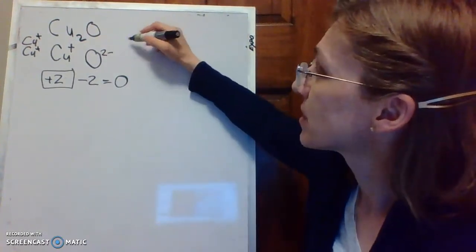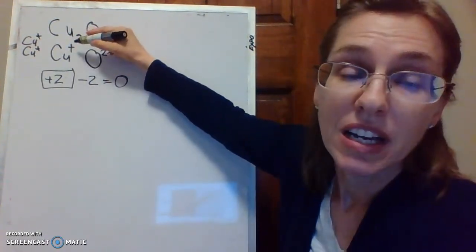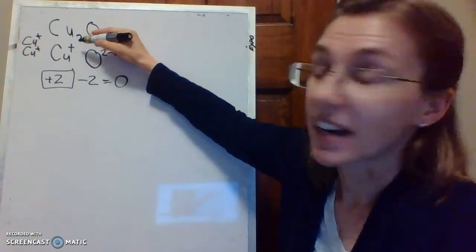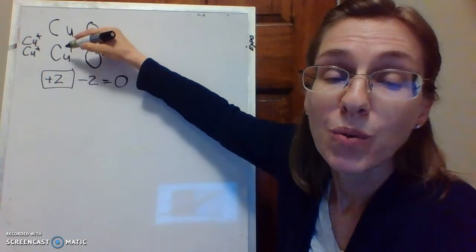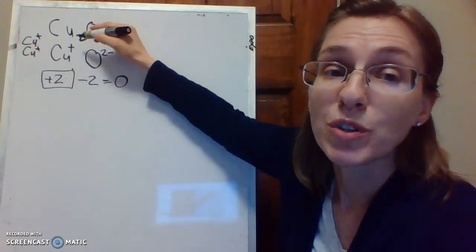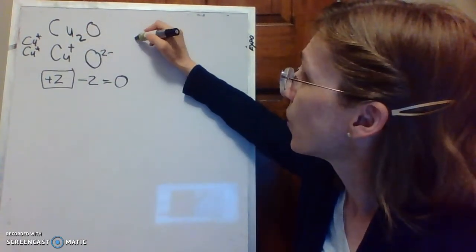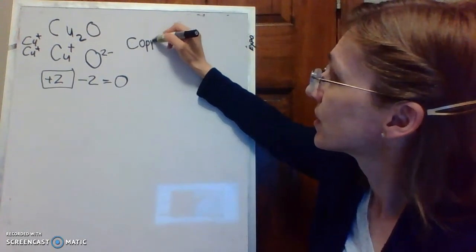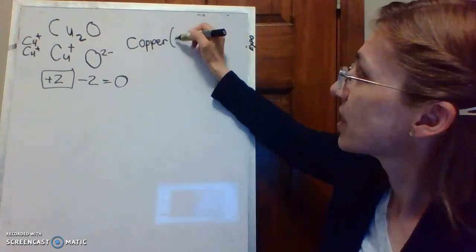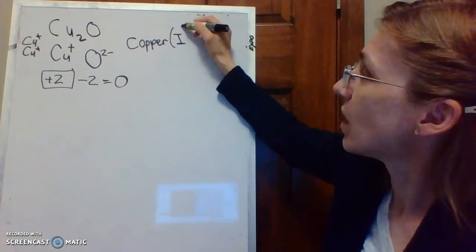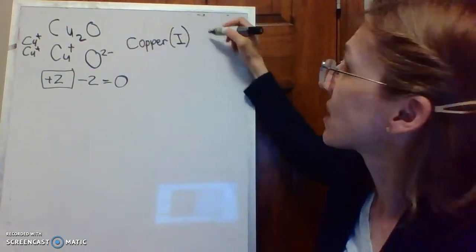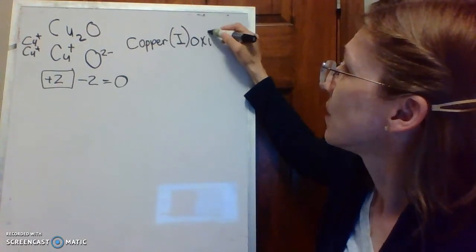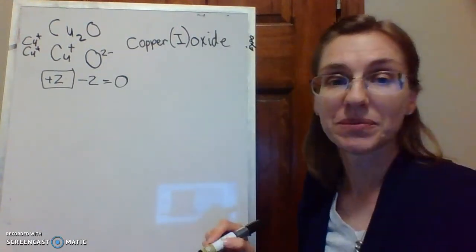So to name this, we will name the positive cation, and that positive cation, remember, is copper with parentheses, Roman numeral 1. So this is copper, parentheses, Roman numeral 1. And then we name the negative guy, happens to be oxide, the IDE ending.